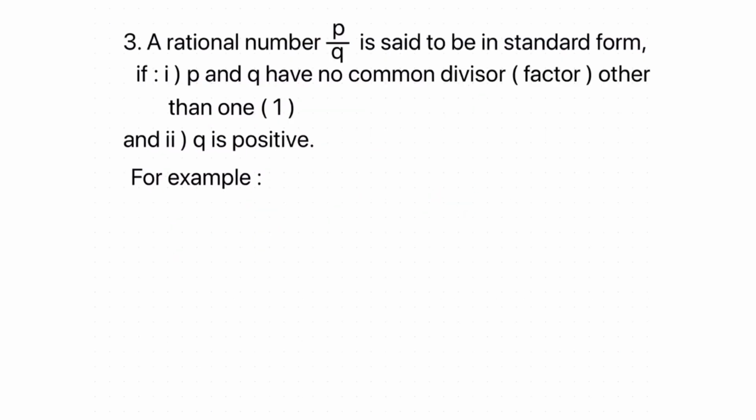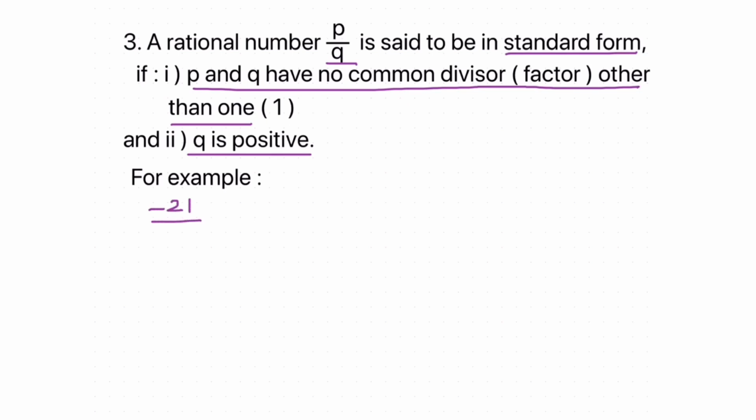Point 3. A rational number p by q is said to be in standard form if the first condition is p and q should have no common divisor or factor other than 1. And the second condition is q should be positive. For example, minus 21 by 36.